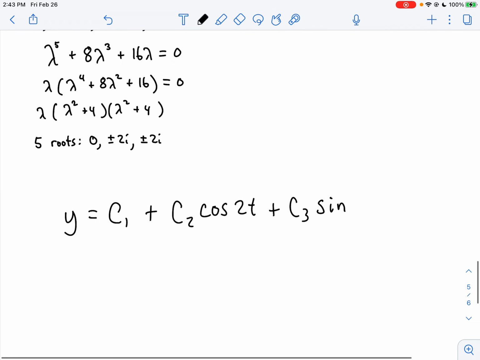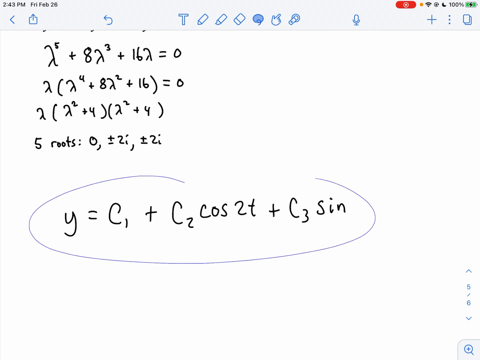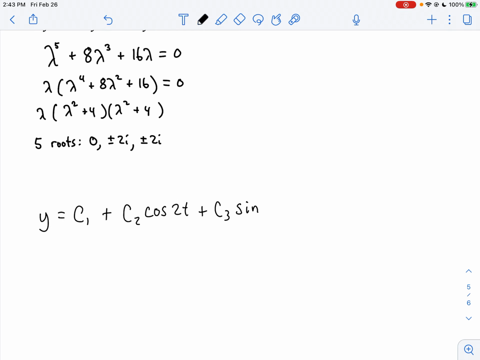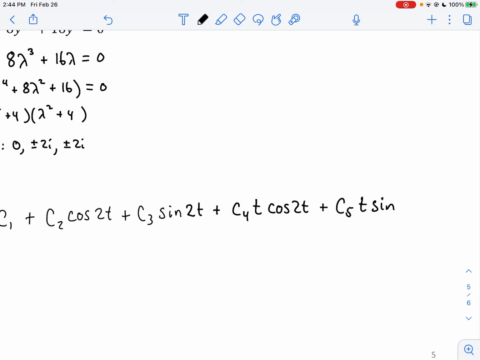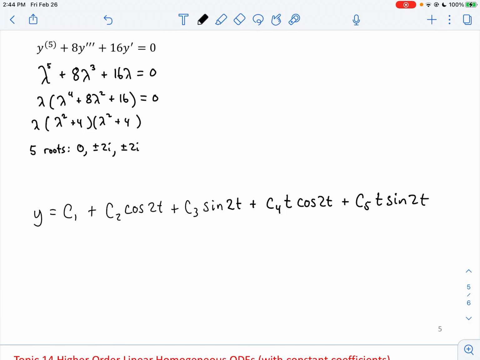Let me zoom in here and write a little bit smaller. So that's from the first pairing, the plus or minus 2i, which gave me these two linearly independent solutions. But then to get the next ones, c4, since it was repeated, we just repeat these, but with a t coefficient. So c4 t cosine 2t plus c5 t sine 2t. And this forms our general solution.